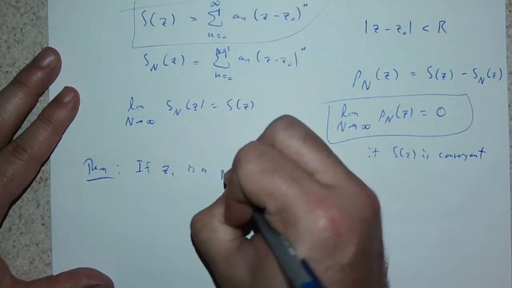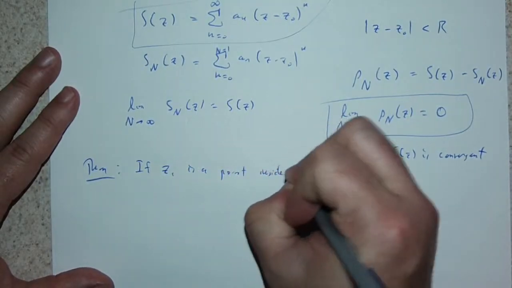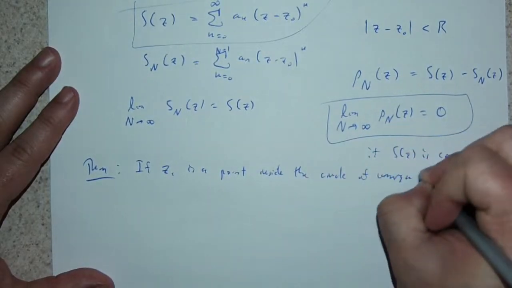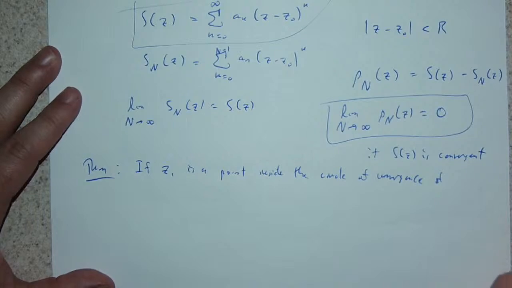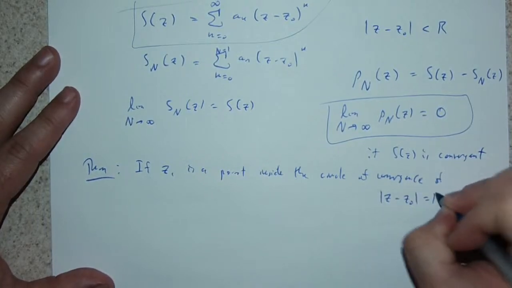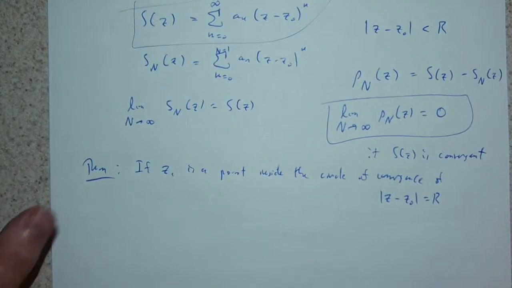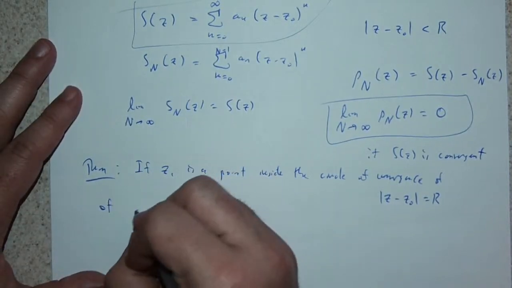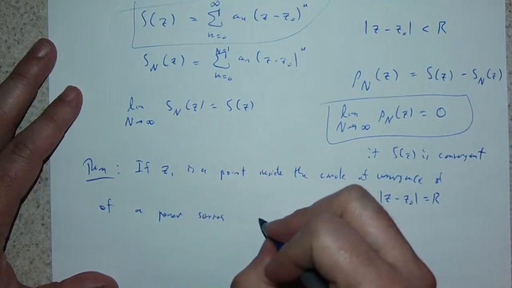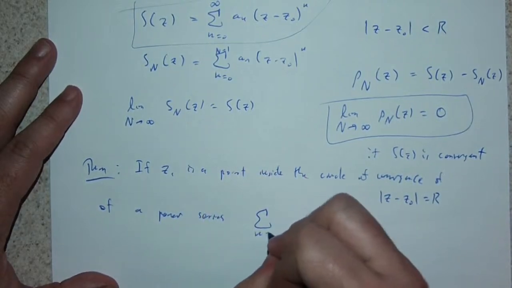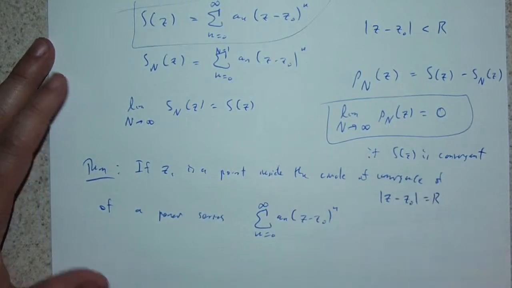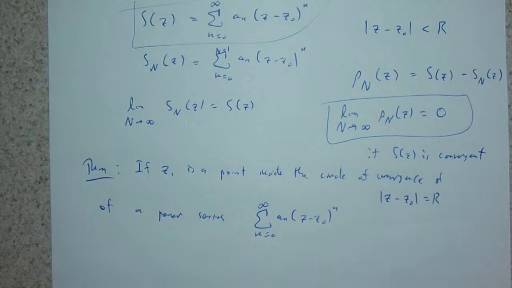And the theorem that we have about this fact is the following: if z sub 1 is a point inside the circle of convergence, we'll just call it exactly this circle of radius r centered at z naught of a power series, so I'll use the same exact notation here. So z1 is a point inside the circle of convergence of a power series.